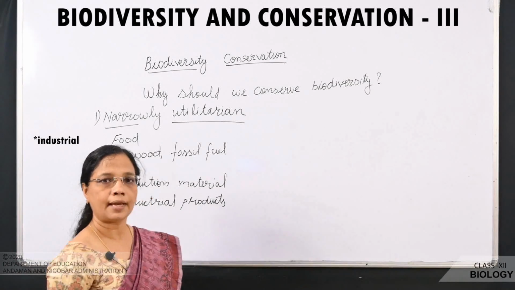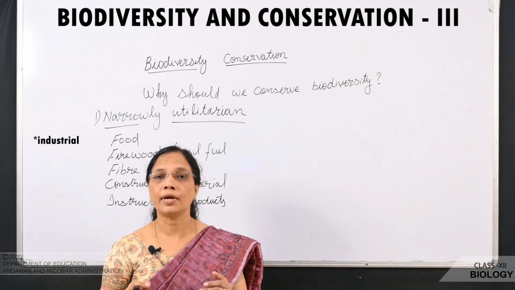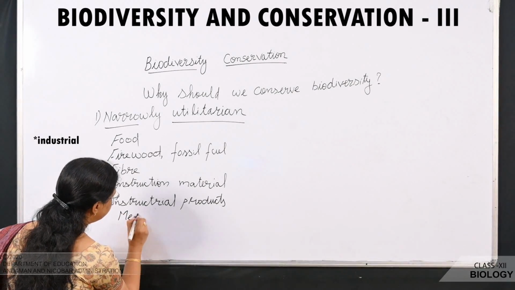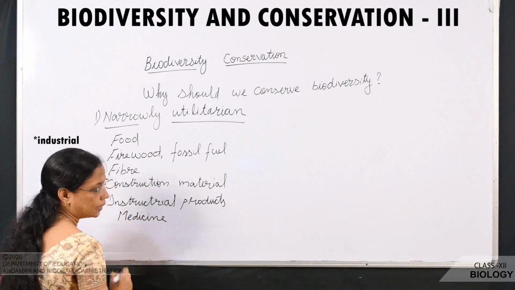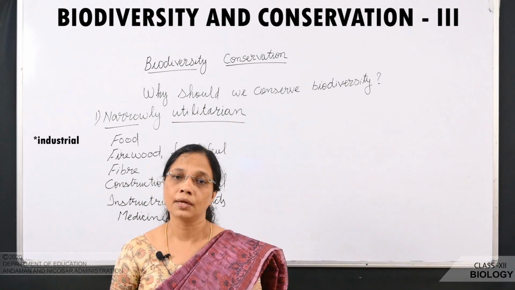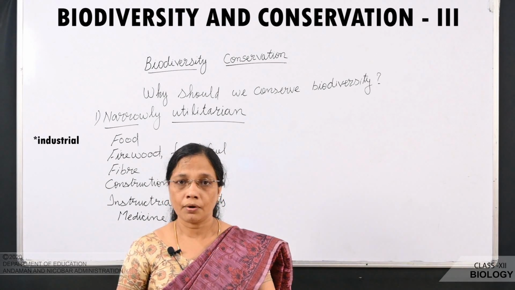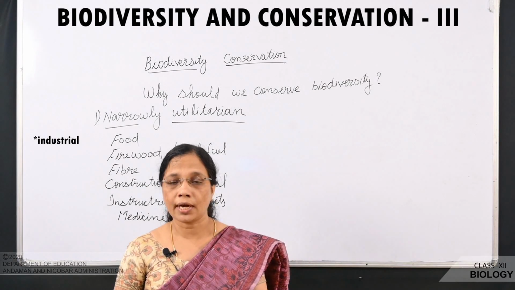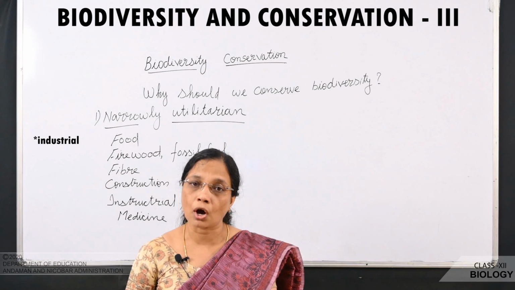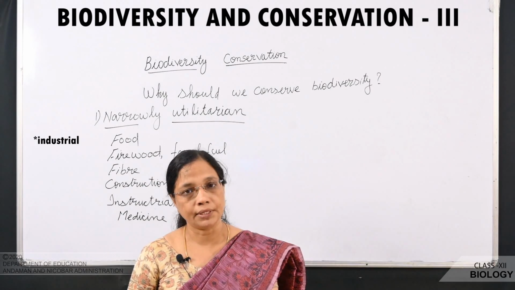Industrial products like resin, gum, lubricants, perfumes we are getting from the nature. Next is medicine. Children, 25% of the drugs which are available in the market are from plants. When we talk about Ayurveda, Ayurveda is of plant product. Near about 25,000 species of plants are used by the native people as medicine.